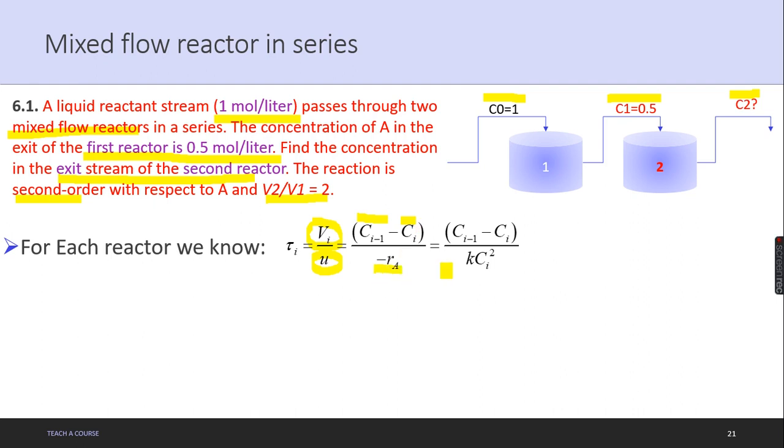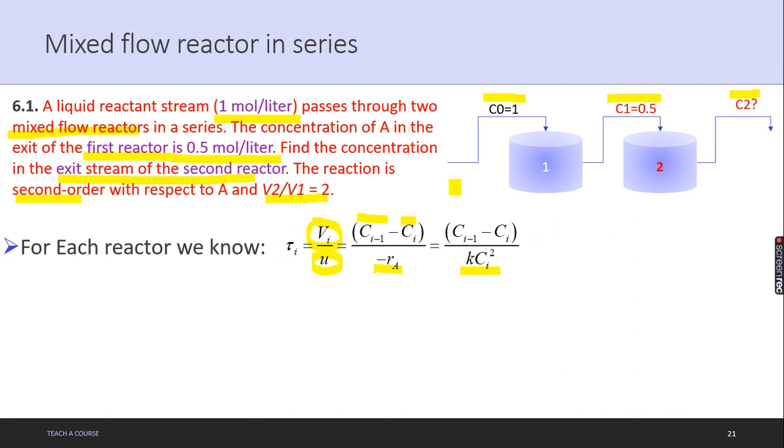Minus Ra is the rate of reaction here, which is already given as second order, so I can write K into Ci square. This is valid for the first one also. For the first one it will be tau 1 equal to C0 minus C1 by K C1 square. For 2 it will be similar.